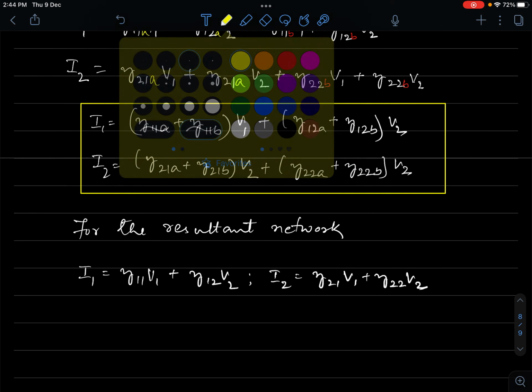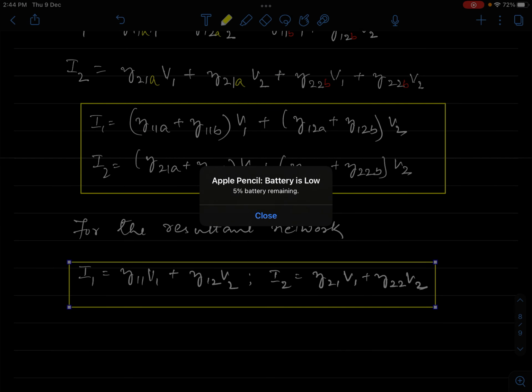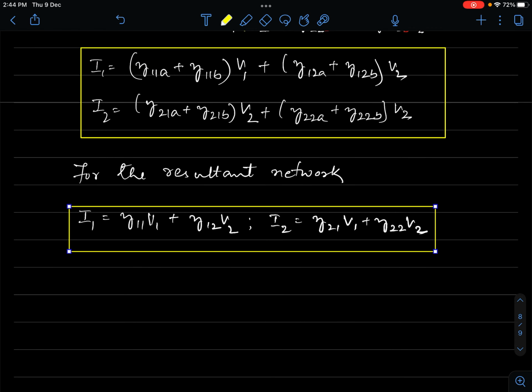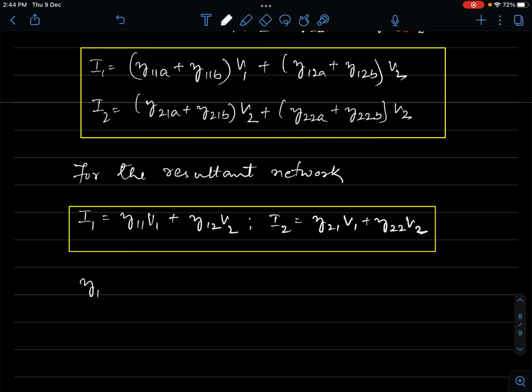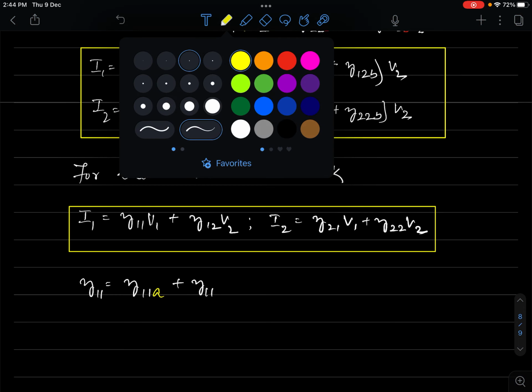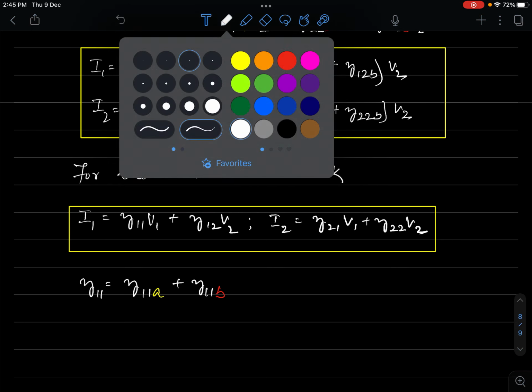If we compare these two sets of equations, we can easily say that the overall y11 is equal to y11a plus y11b. I'll put the colors. This was my A, this is for my B.